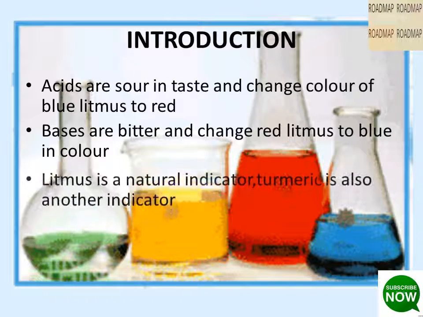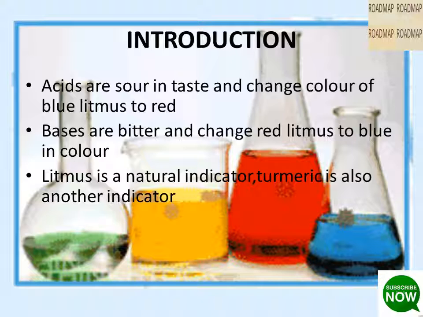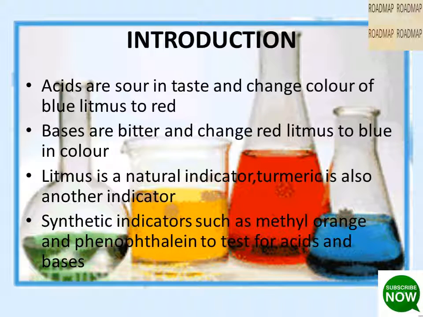Now litmus is a natural indicator, turmeric is another such indicator, and have you noticed that a stain of curry on a white cloth becomes reddish brown when soap, which is basic in nature, is scrubbed on it? It turns yellow again when the cloth is washed with plenty of water. Now you can also use synthetic indicators such as methyl orange and phenolphthalein to test for acids and bases.